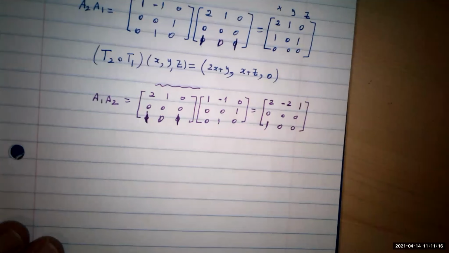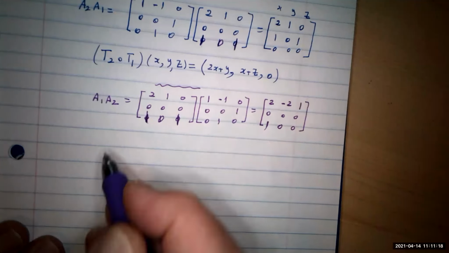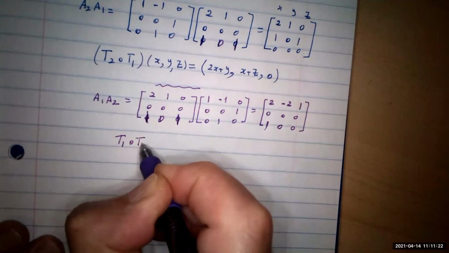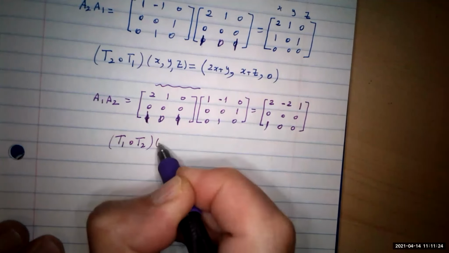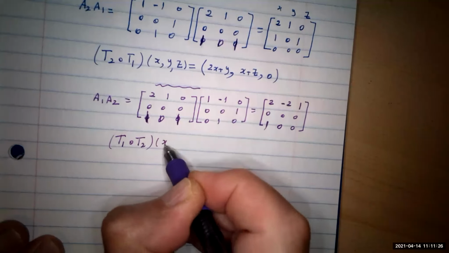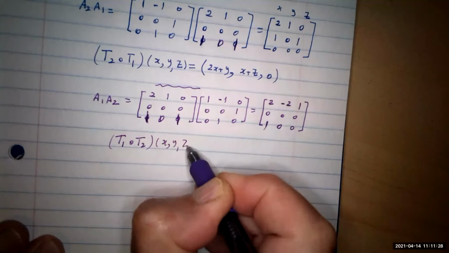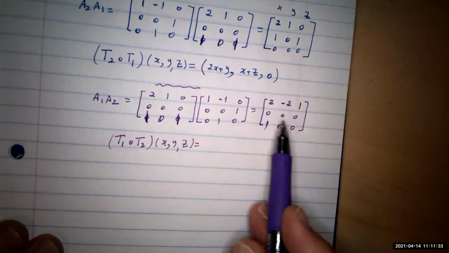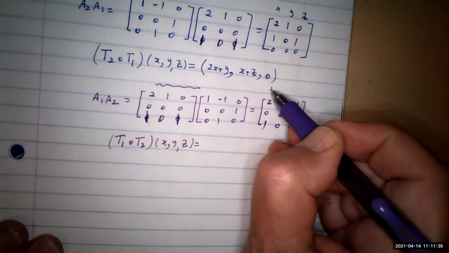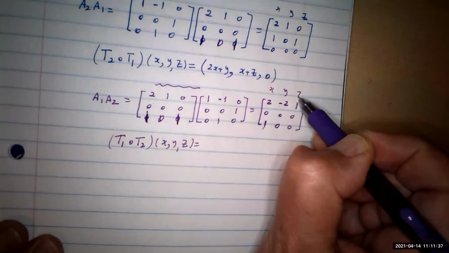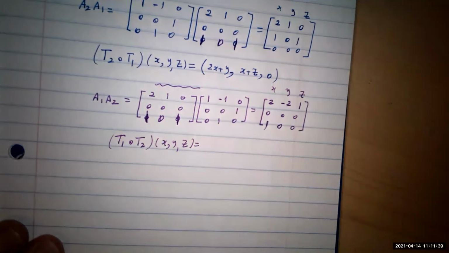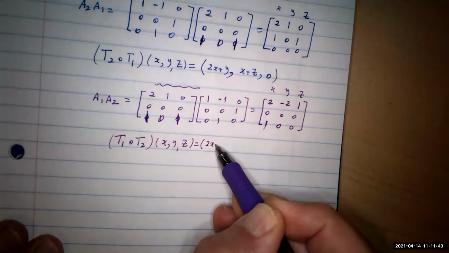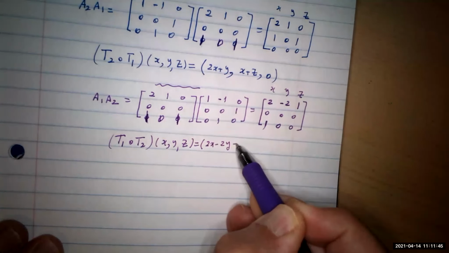Now we are in a position to give you T1. So what's going to be T1 or T2 at X, Y, Z? This is X, this is Y, this is Z. So the first component is going to be 2x minus 2y plus z.